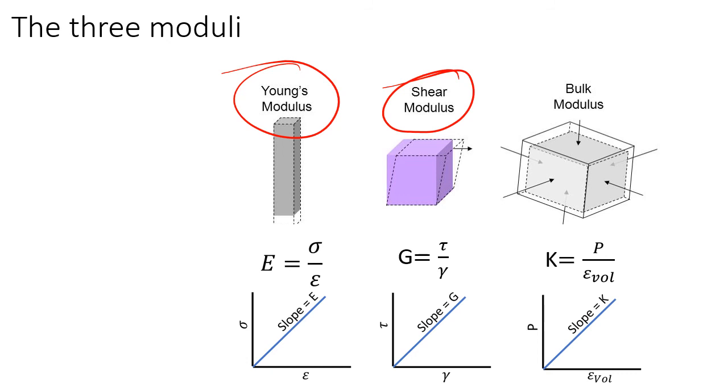We give that the letter G. So our shear modulus is tau, which is our shear stress, over gamma, which is our shear strain. And the bulk modulus that we've just introduced here, K, is our pressure, P, over our volumetric strain. So that just shows the three moduli that we often come across in engineering problems.